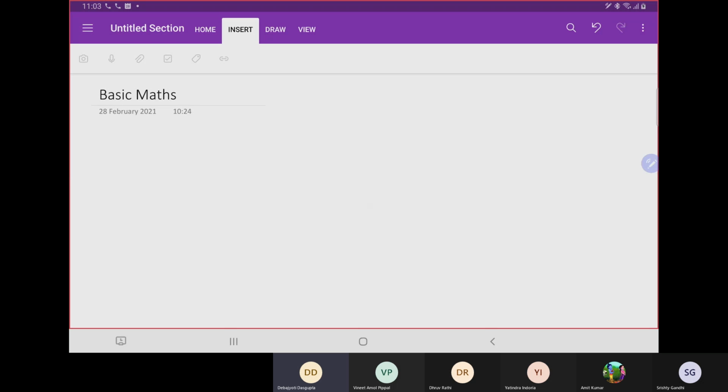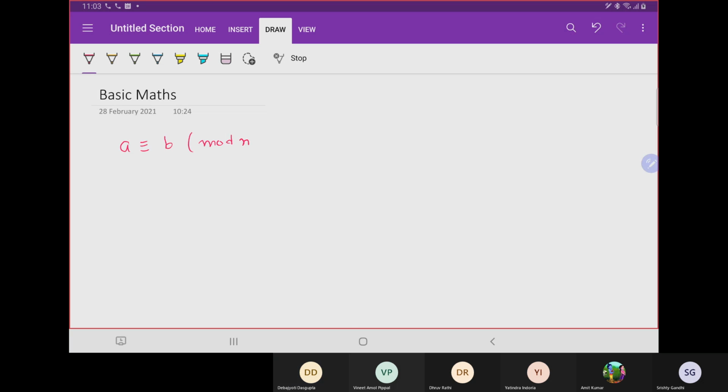Right? So if I write A congruent to B mod n, this basically means A equals d1 into n plus some k, and B is also some d2 into n plus k.